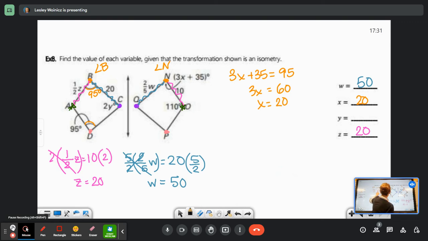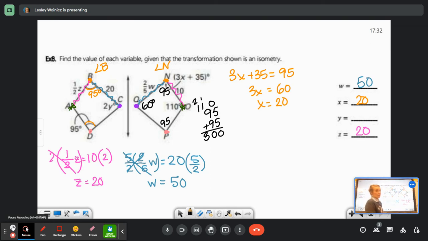So we figured out that this one has to be 95, and so must this one. Okay, so far we've got 95 plus another 95. Okay, we also have 110. Okay, what does that add up to? 5 and 5 is 10, carry the 1. 18, 19, 20, carry the 2. Okay, I've got 300 degrees so far. So this last angle, if I'm adding up to 360, has to be 60 degrees.